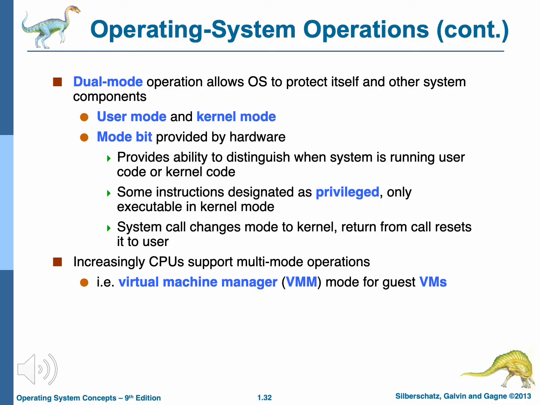CPUs that support virtualization frequently have a separate mode to indicate when the Virtual Machine Manager (VMM) and the virtualization management software is in control of the system. In this mode, the VMM has more privileges than user processes but fewer than the kernel.